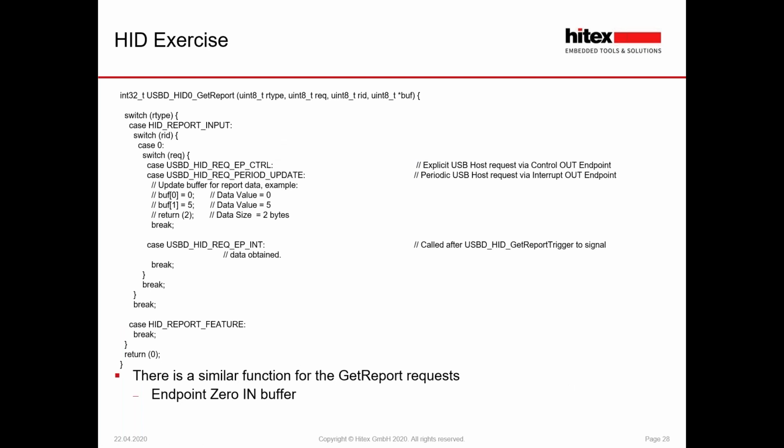And then similarly, to go into the host, we've got this get report. And this is HID 0, where this is the 0 instance of the library for peripheral 0. Again, we're saying that we've got a report to go up to the host. And in here, we can then populate our data that's about to be transferred.